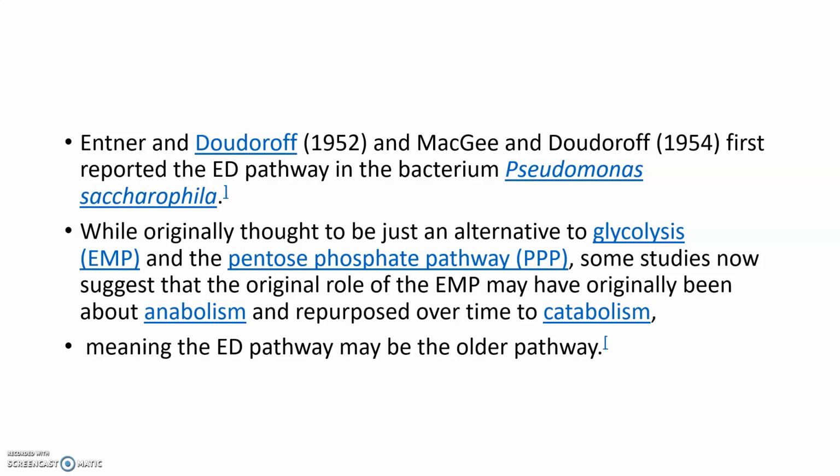Actually, we have studied that glycolysis is a catabolic process, but there are studies suggesting it was first an anabolic process and was repurposed over time. It means that this ED pathway may also be an older pathway.